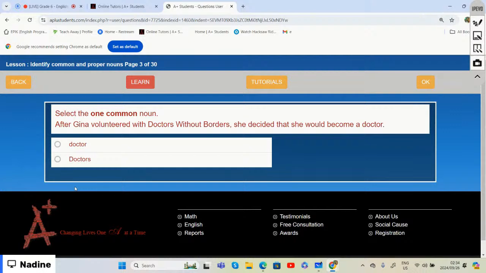So now we need to seek the one common noun. Is it option one, doctor, lowercase, or option two, doctor, capital letter? So which one is correct?